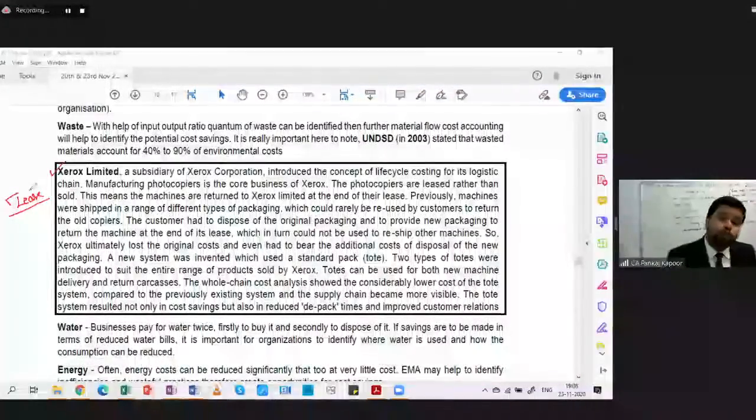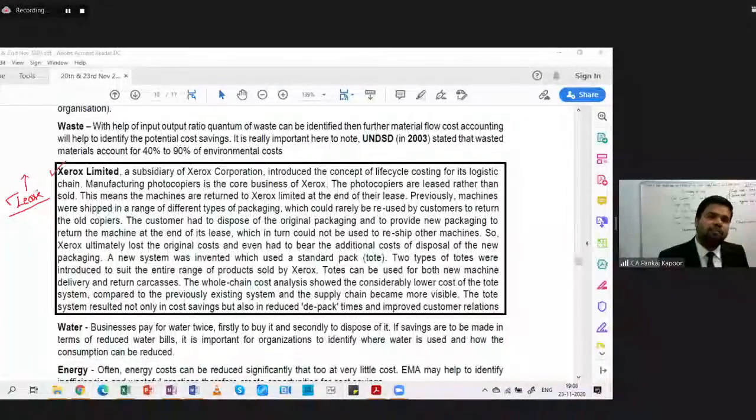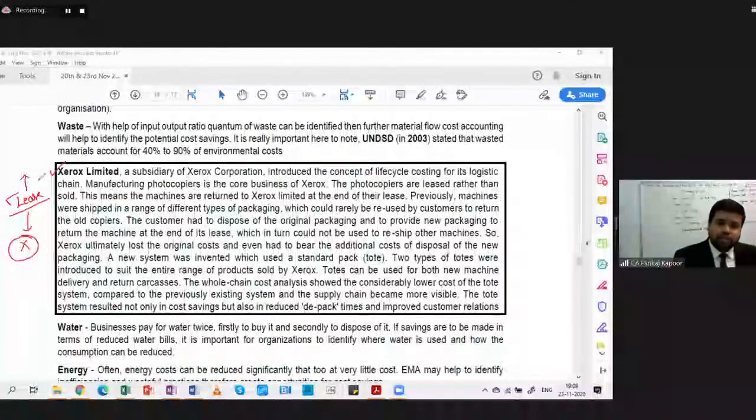Obviously, when they give the photocopier on a lease basis, when the photocopier moves out of the factory, they will pack it. After the lease period, the person to whom the photocopier was leased has to return it to Xerox. He usually doesn't keep the cover in very good form, so he buys another packing, packs the machine and sends it back to Xerox.